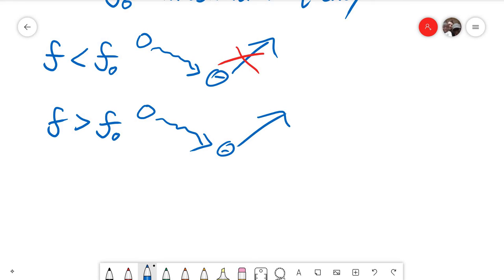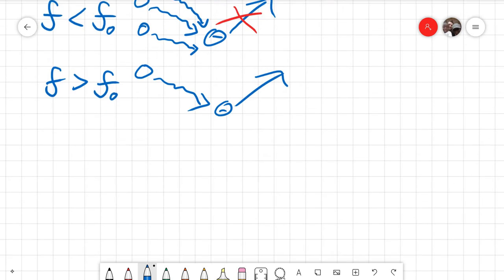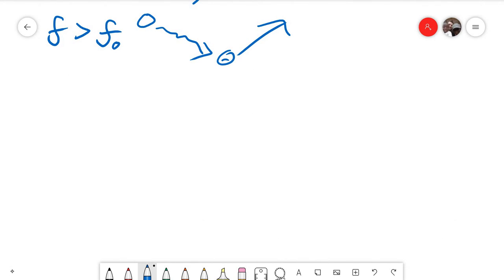Now, if we change the intensity of our light in this first example, meaning that we send in more photons, it's not going to make a difference because only one photon is interacting with each electron at a given moment. So it doesn't matter how many photons we send in, there's just not enough energy in a photon to kick off that electron. But in our second example, where the frequency is greater than the threshold frequency, it does make a difference if we change that intensity.